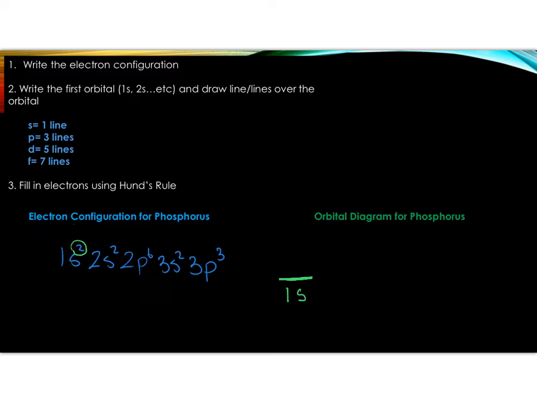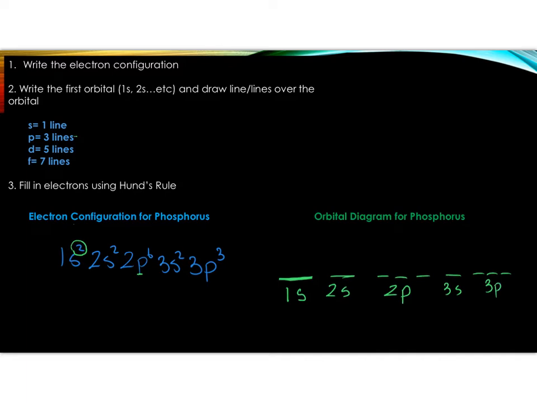So I'm just writing the principal quantum number and the block that it's in, 1s. Then I'm going to write 2s. And for the p orbital, we need 3 lines, so I'm going to do 1, 2, 3, and right underneath this entire orbital, I'm going to write 2p. Then I have a 3s, and then I have a 3p.